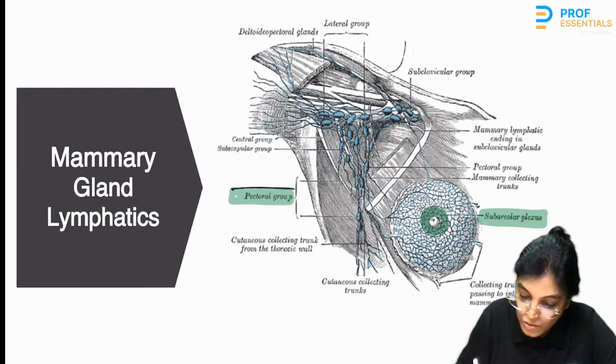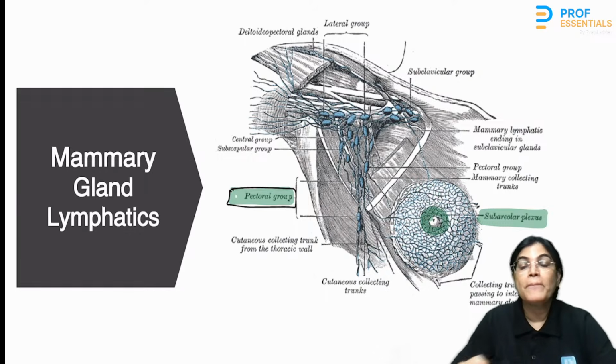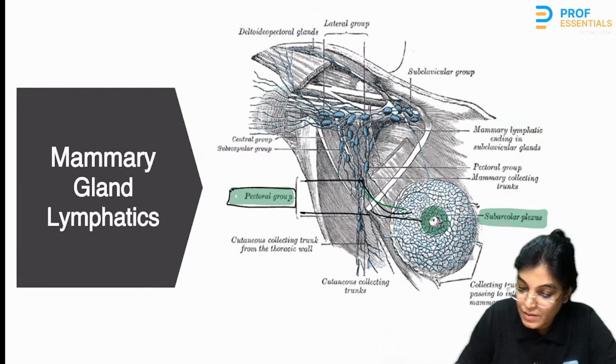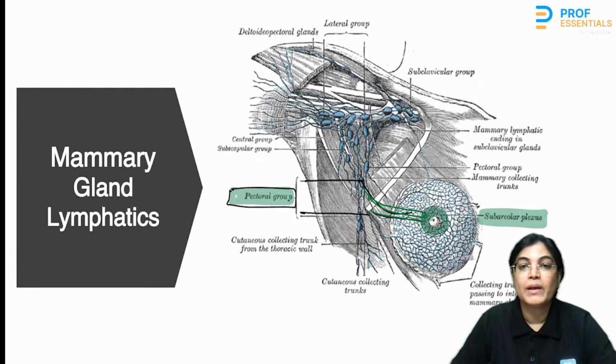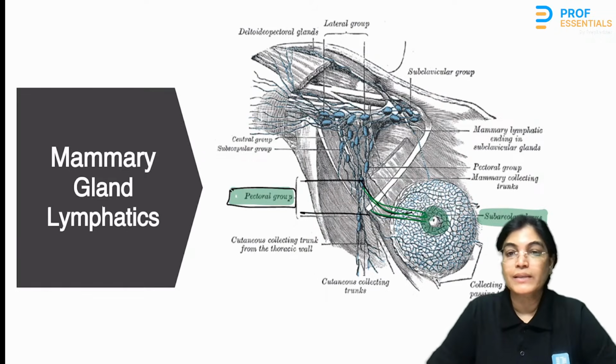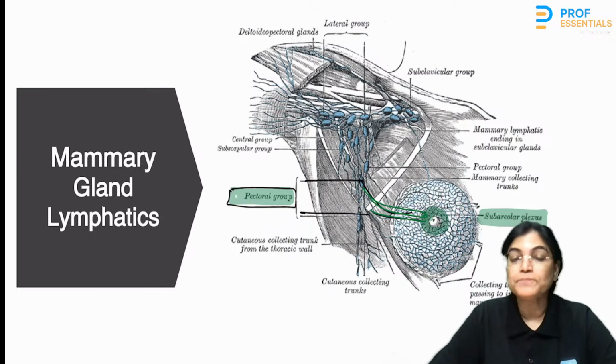Pectoral means, what is pectoral, my dear students? Pectoral means the anterior group. So pectoral group means the anterior group which is drained here by the subareolar plexus of Sappey. And other than that, we have got many other lymphatics which are surrounding and draining the breast gland. So we will talk about that. Now after this, let's also know the details.